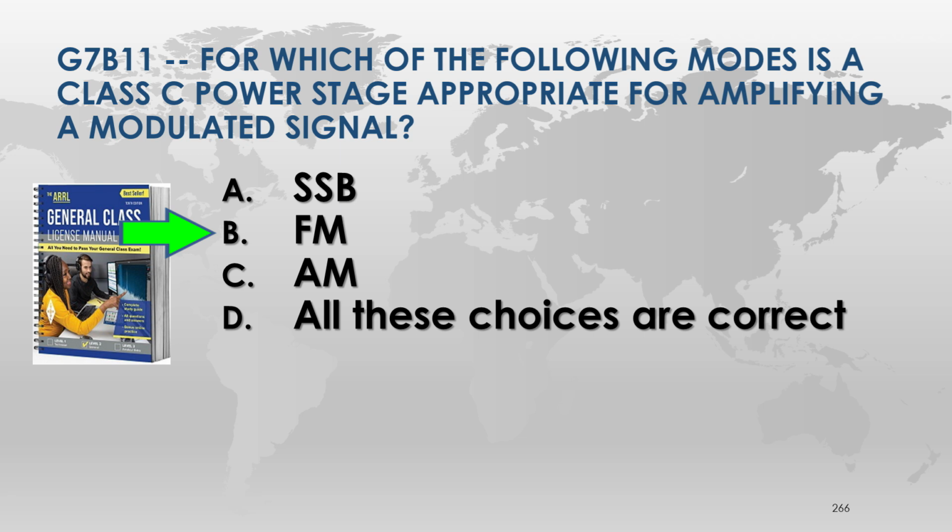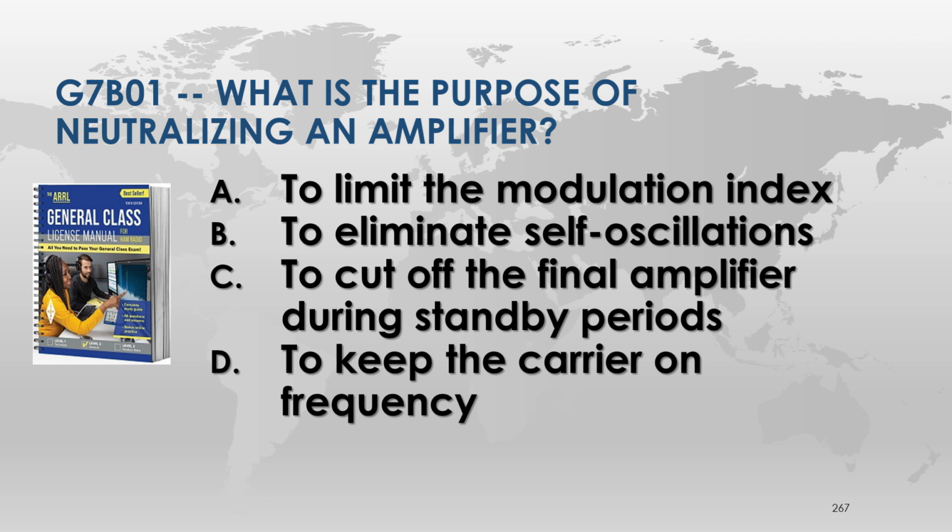FM. FM mode. Class C power stage is appropriate for amplifying a modulator. Why is that distortion not relevant to FM? Space between waves. Correct. There you go. Perfect. See, I knew that. But they didn't ask it that way.